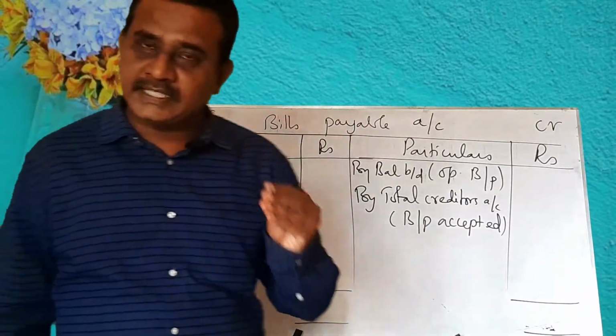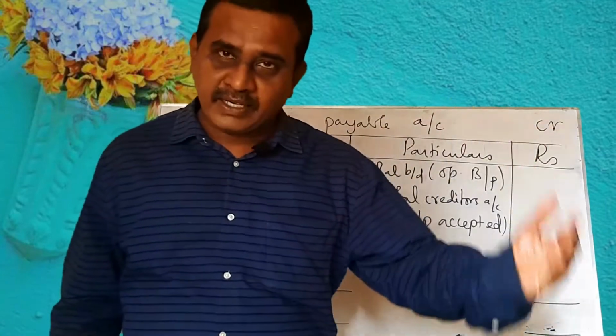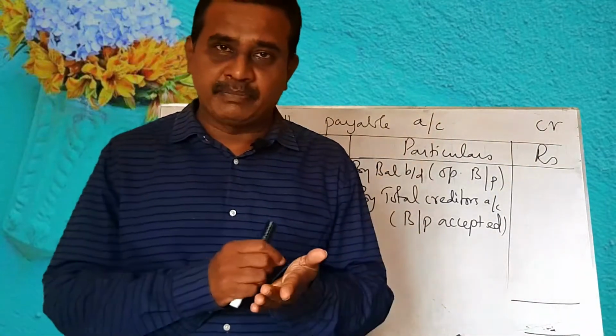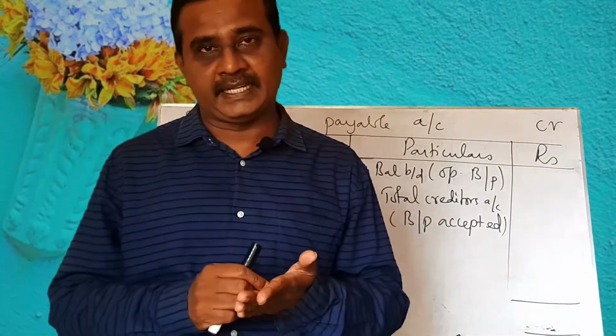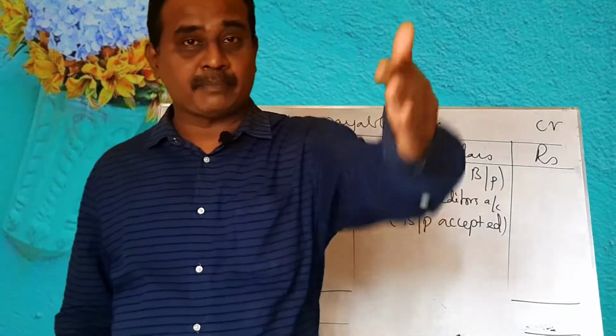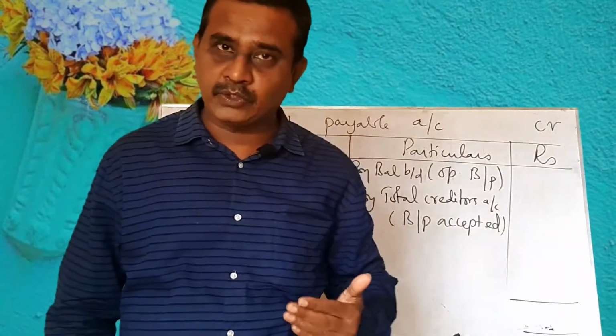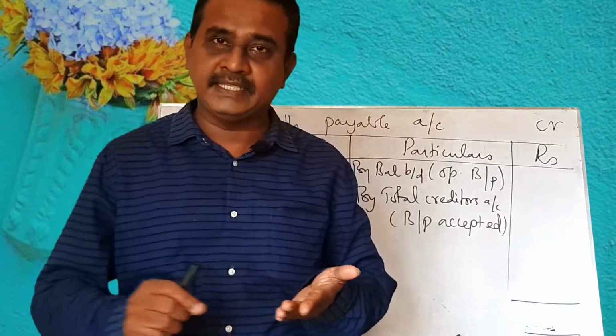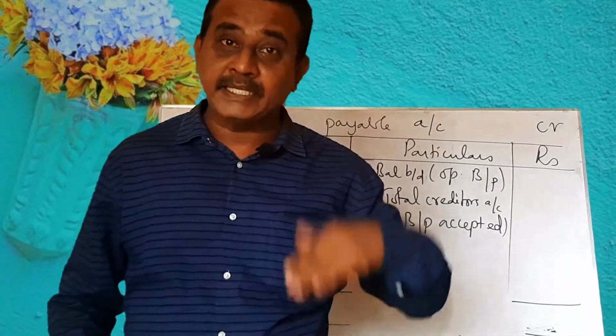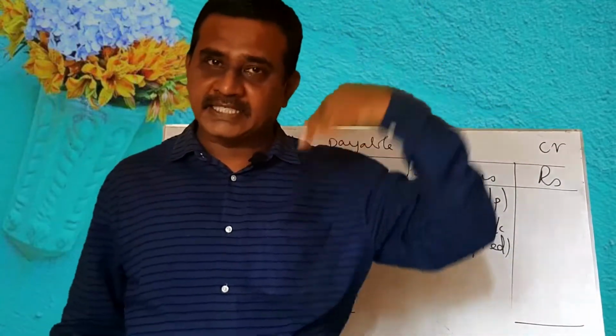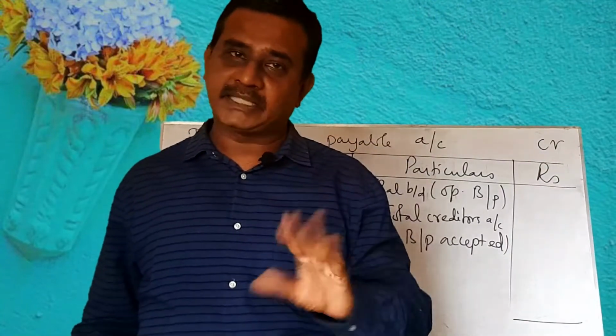See, the procedure is the same. From our customers, we get promissory notes signed. Likewise, our suppliers send promissory notes to us and we sign the promissory notes and send them back to them. When they are sent, they become bills payable.